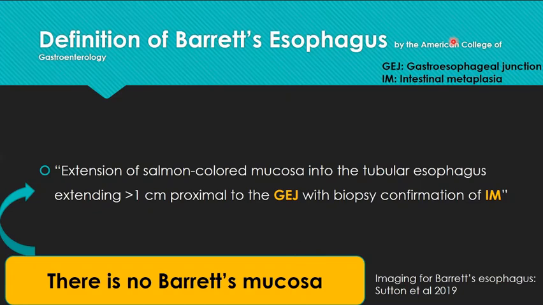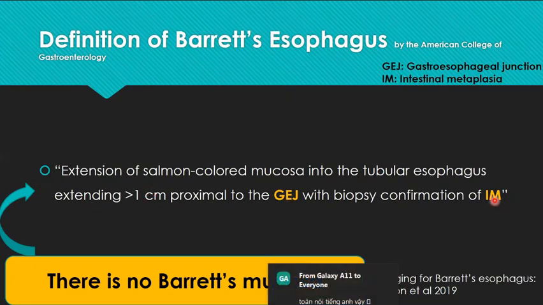This is more easily understood because the lesion is about 1 centimeter proximal from the EG junction, and pathology must show intestinal metaplasia, and the color is a salmon color. These 3 components together make the definition of Barrett's esophagus. This is the Western style definition.